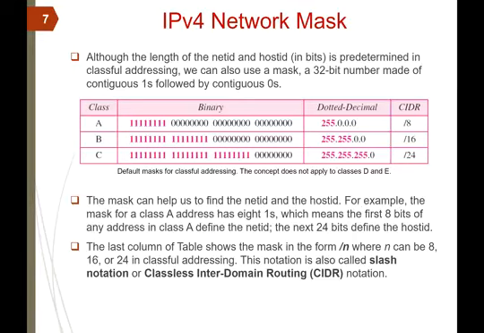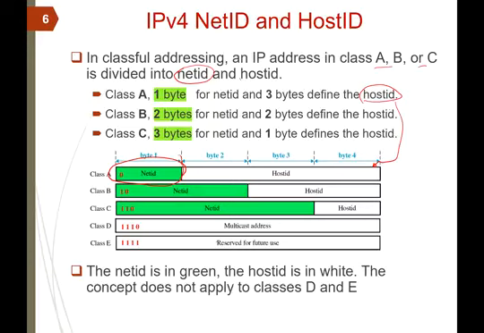You learned about masks a bit, but we'll explain now what these numbers are. Although the length of the net ID and host ID is predetermined in classful addressing, so if you have an IP address in class A, you know exactly 1 byte is for network and 3 bytes for hosts.